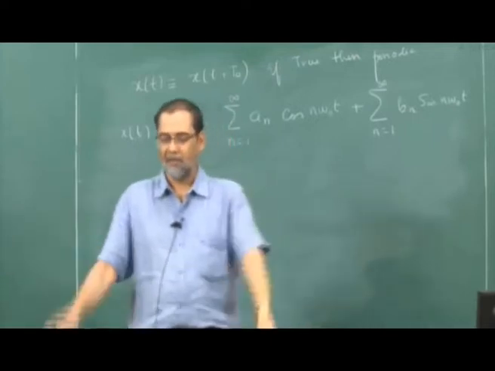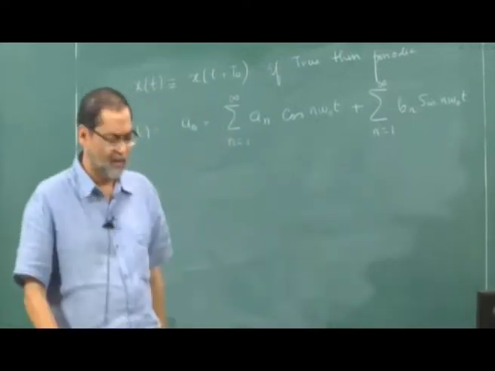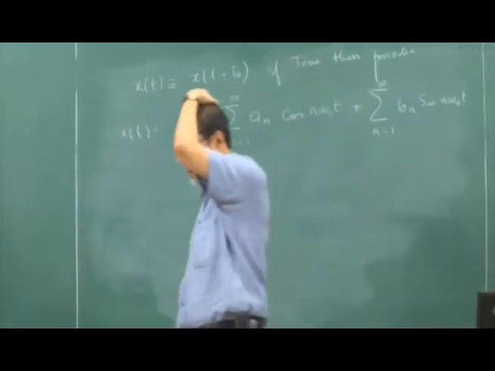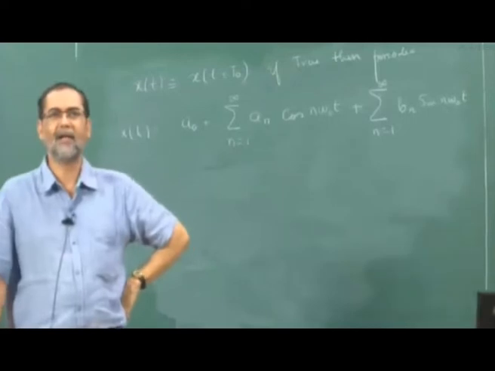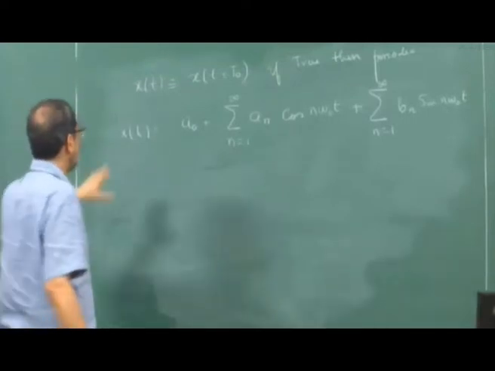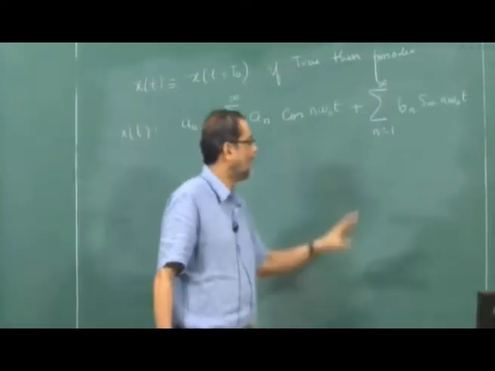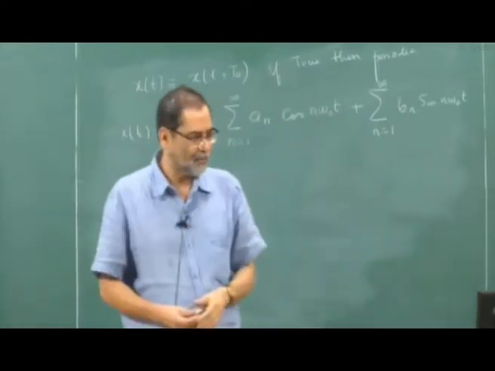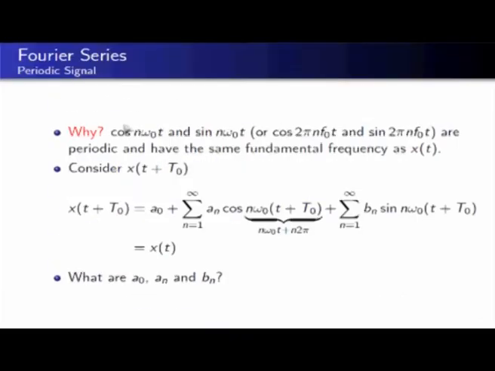So Fourier, this is something around 1830, so it's nearly 200 years ago, he suggested that any periodic signal could be written in this form. I will come back to this story a little bit later. Let me first do a little bit of mathematics and then come back to the story of Fourier.